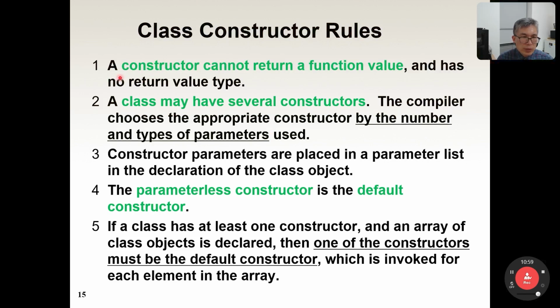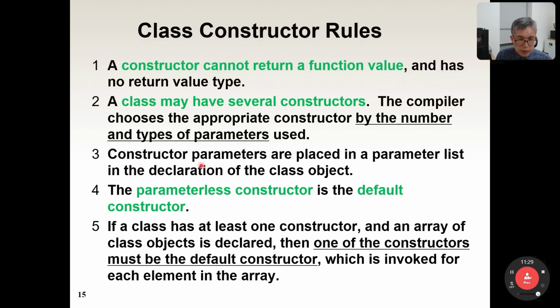Number one, a constructor cannot return a function value and has no return value type. Secondly, a class may have several constructors. The compiler chooses the appropriate constructor by the number and types of parameters used in the constructor.